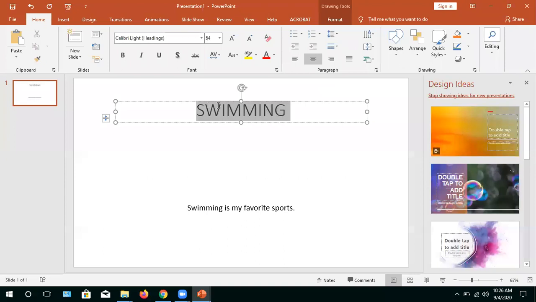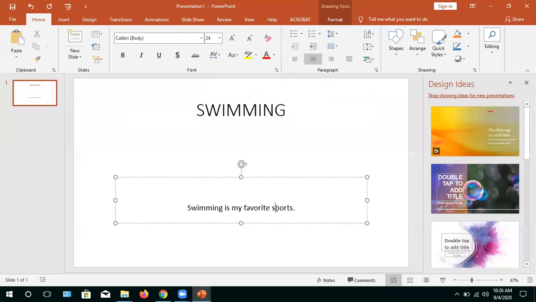Diba, the word swimming alone, it's a verb. But when you use this in this sentence, itong sample ko, swimming is my favorite sports. Now, what is the lexical category of the word swimming?